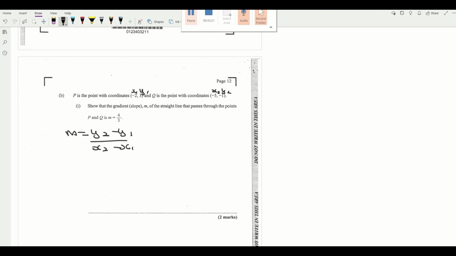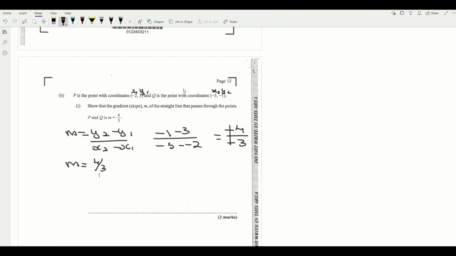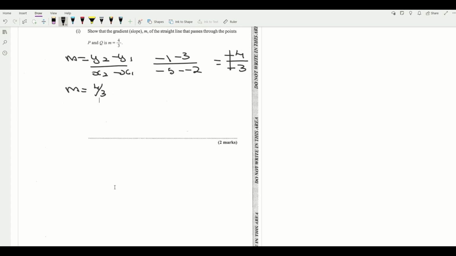So that would be minus 1 minus 3 over 5 minus minus 2, which is minus 4 over minus 3. Negatives cancel out, so your gradient is equal to 4 over 3, and that is how you would prove that the gradient of the slope is 4 over 3.